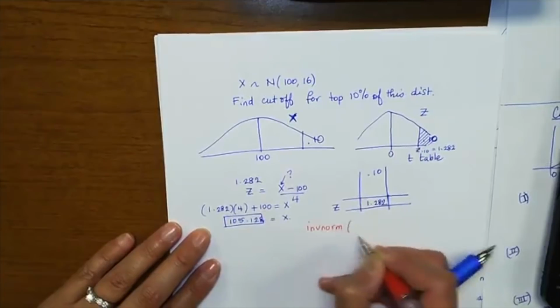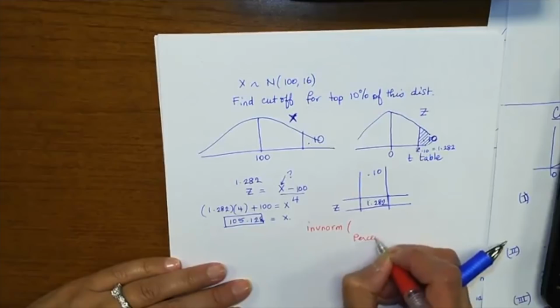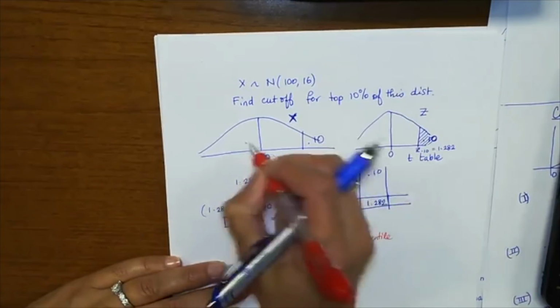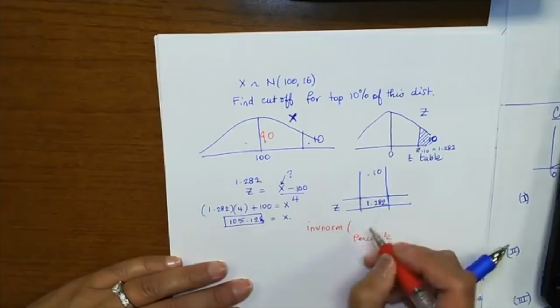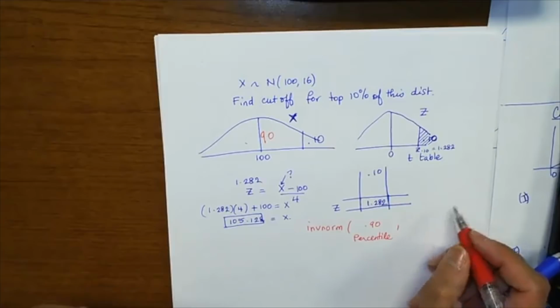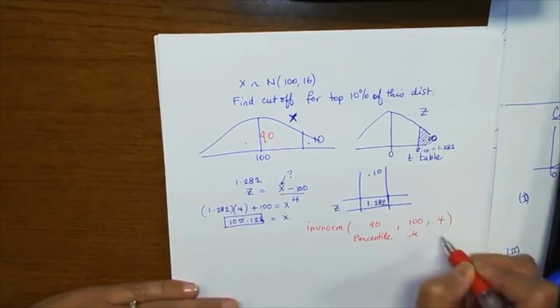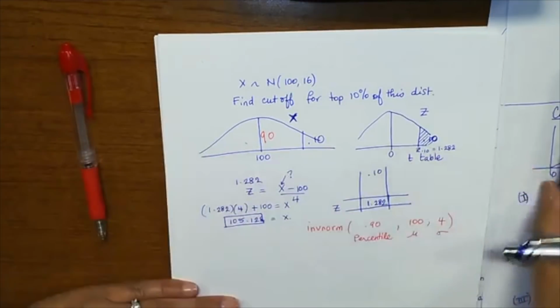Inverse norm, a percentile is 90%, because that's what lies on the left side. Mu is 100, and sigma is 4. So let's do it.